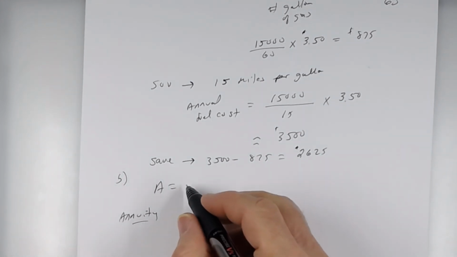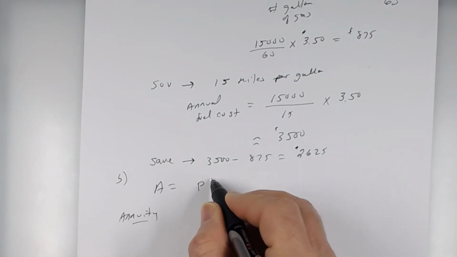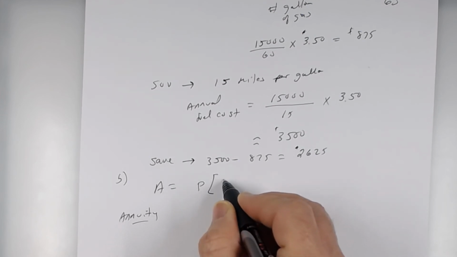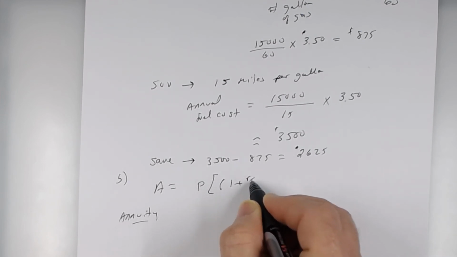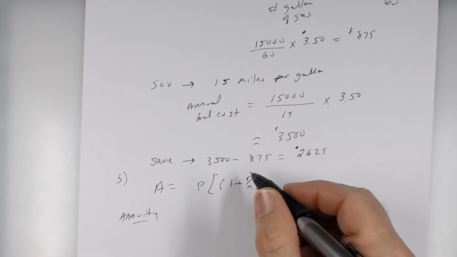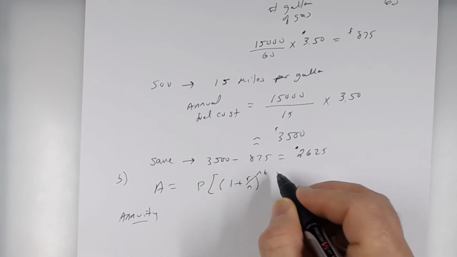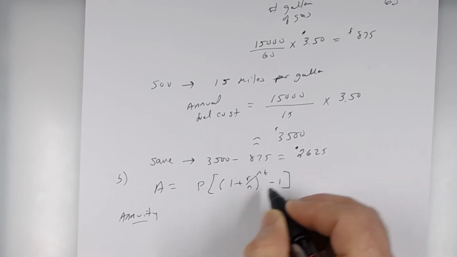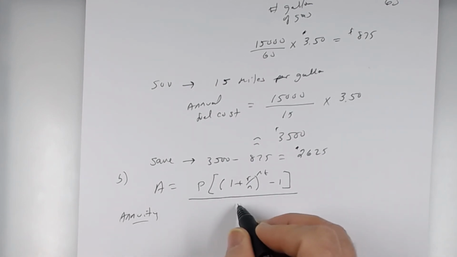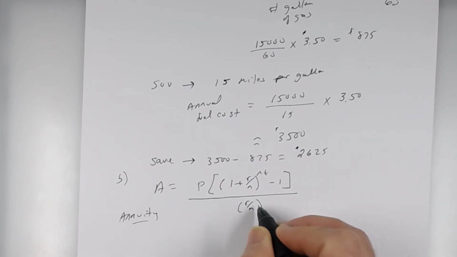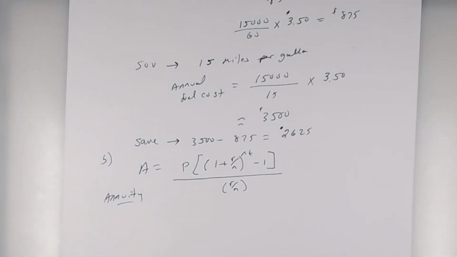The future value will be P times, in parentheses, 1 plus R over N, all that looks similar to what we've been doing, raised to the NT power, minus 1, all divided by R divided by N. So we're going to use that formula.